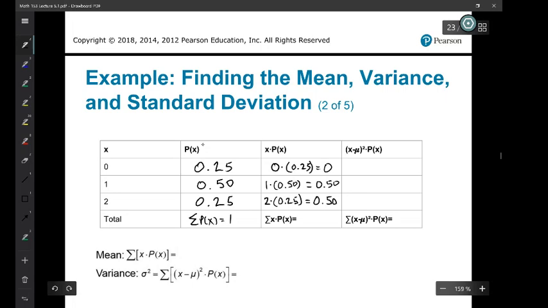Sum all of these up, we get 0 plus 0.5 plus 0.5, which is 1. That is the mean.